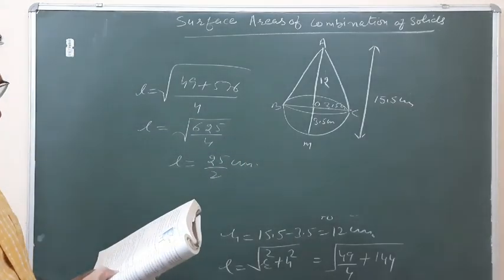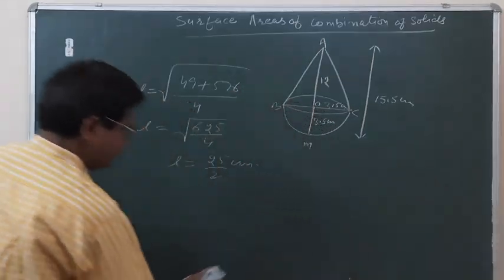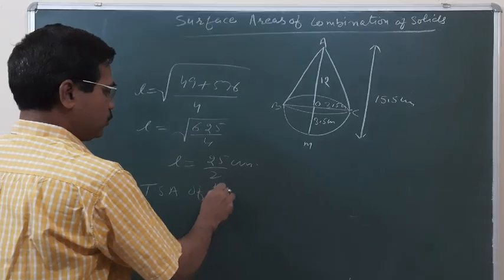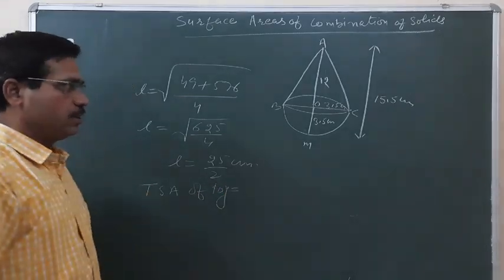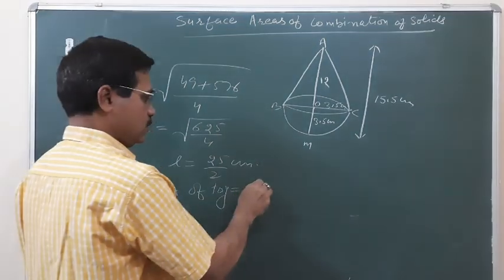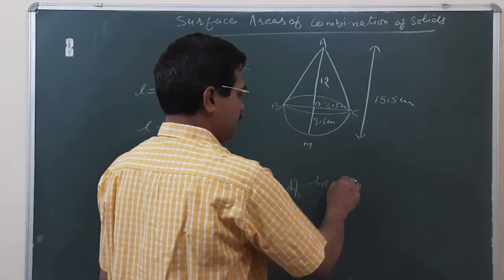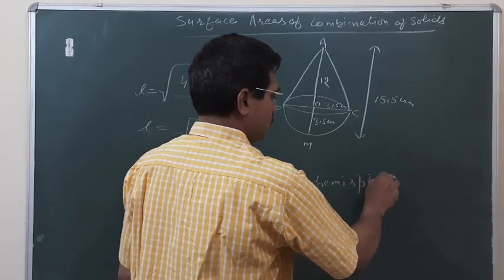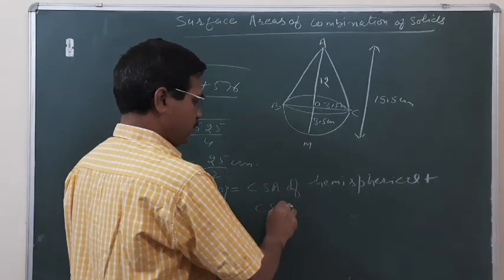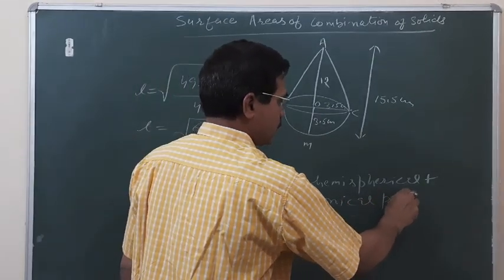Now find the total surface area of the toy. Therefore, the total surface area of toy is the combination of the curved surface area of both these figures. Curved surface area of hemispherical part plus curved surface area of conical part.